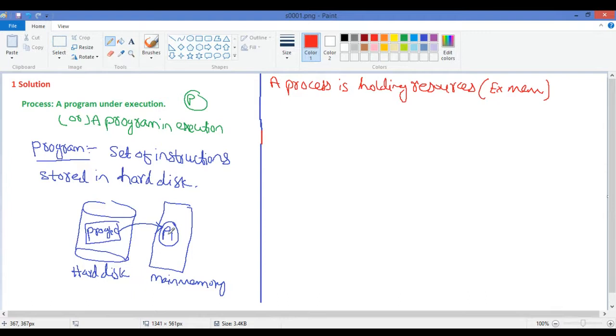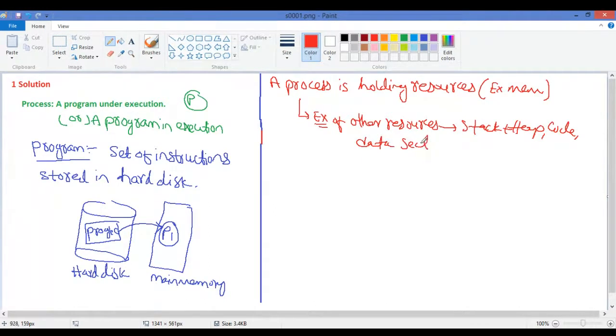But main memory is not the only resource; there are many other resources given to this process. Examples of other resources are stack and heap, which are all memory. It also has a code section and a data section. All this will be given.